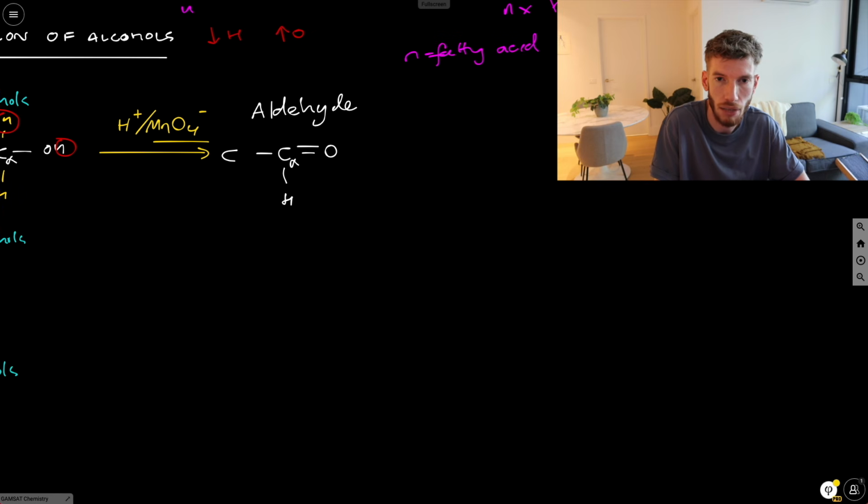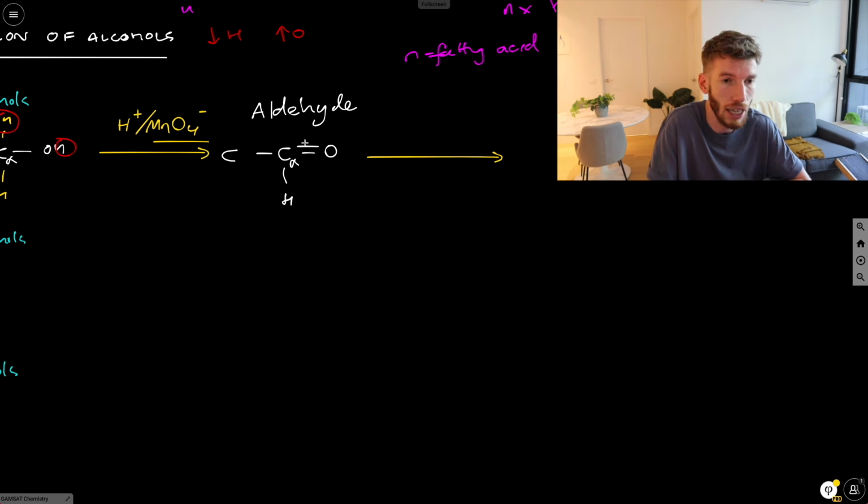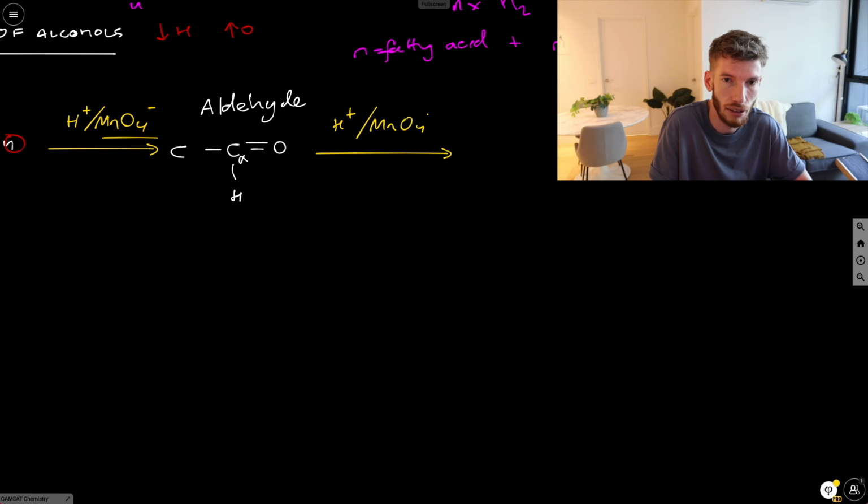But then it can keep going, so then it will keep reacting, because remember it's in the same bucket with that same acid and permanganate. It can actually continue reacting and do a second layer. And what's going to happen in this case is now it's not going to be losing hydrogen, it's now going to be gaining oxygen. So we're going to see an oxygen being added to this hydrogen here.